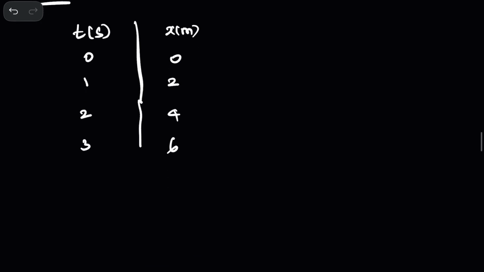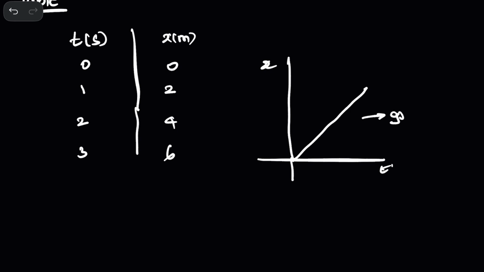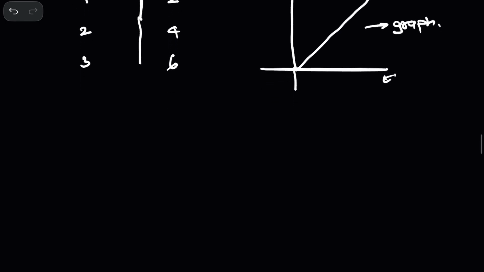So this can be described with a graph as well. Let's say I have my graph. I'm going to call this x and t. If I were to plot this, I would get a straight line. This would be my graph. So this is a position-time graph, obviously. It can also be described with an equation. The equation to describe this whole thing would be x is equal to x naught plus vt.